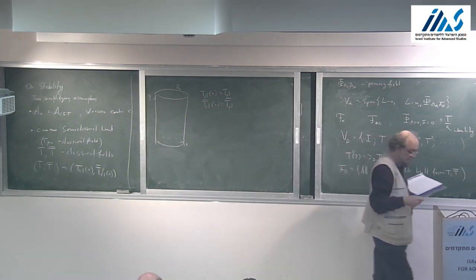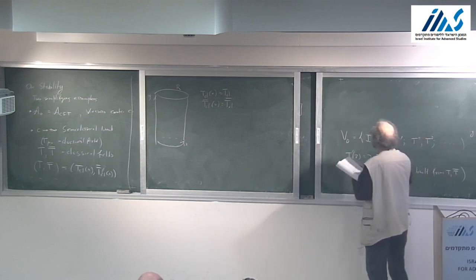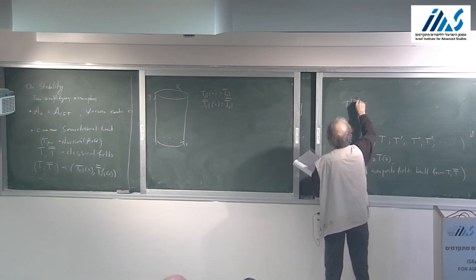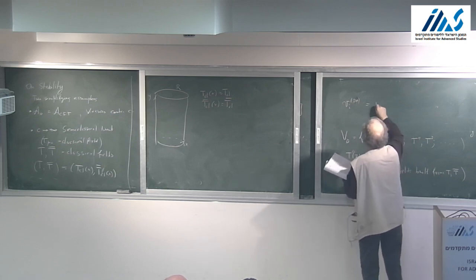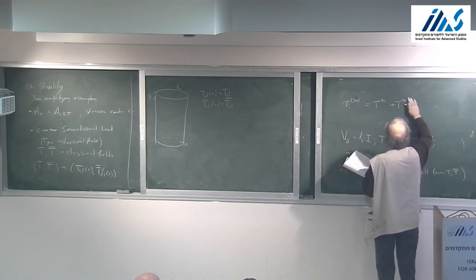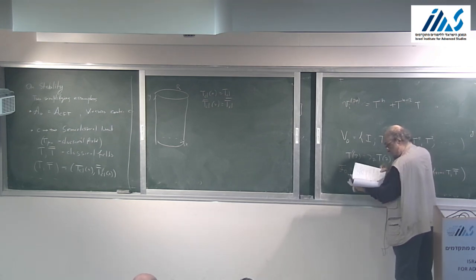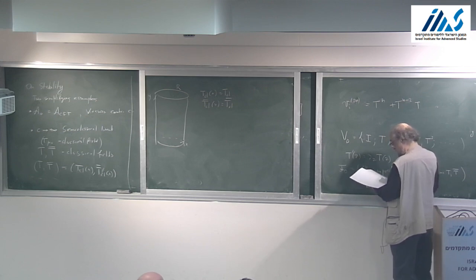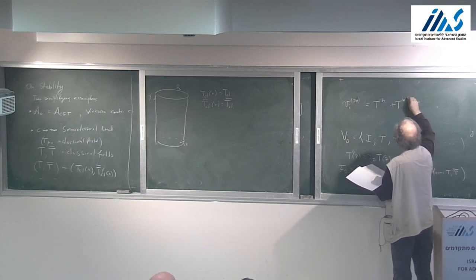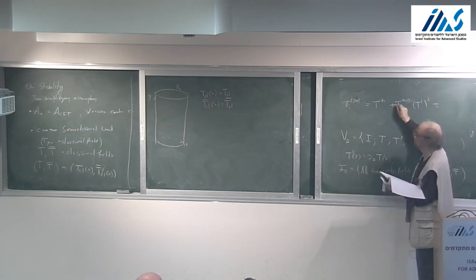Because all these objects C sub I are essentially polynomials. These basic vectors V sub I of 2n, let me call it 2n, because otherwise it's a little bit different structure, are T to the n plus T to the n minus 2, T to the n minus 3 T prime squared, plus terms like this with some coefficients.